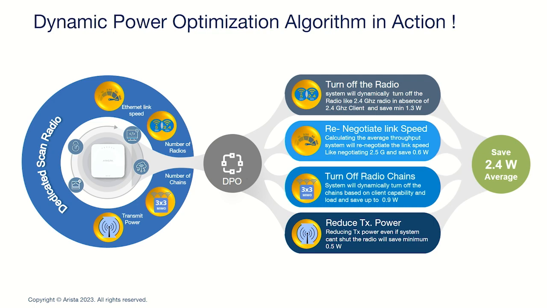DPO takes any one or a combination of these decisions: turning off the radio, renegotiating the link speed, turning off the radio chain, and reducing the TX power. At the end, our experiment showed that we can save 2.4 watts of average power per AP per hour.